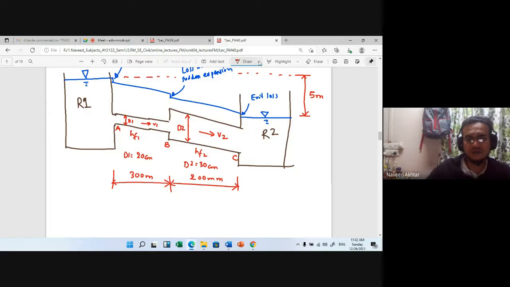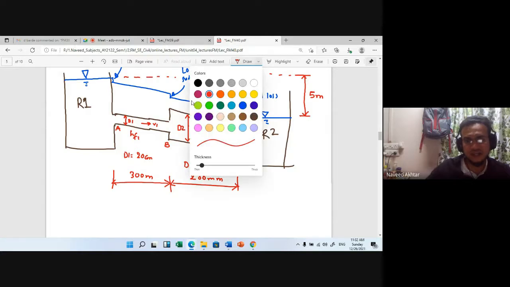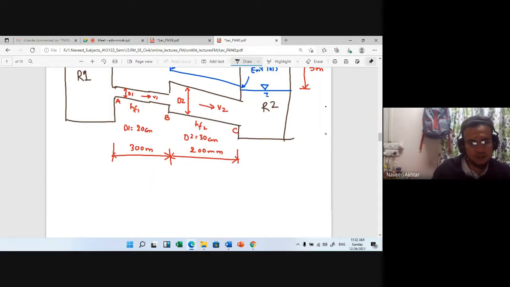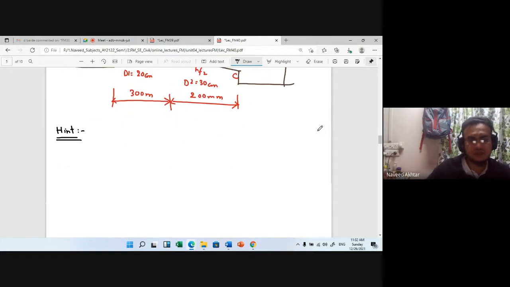Now I will write down a hint for you on how many losses there are. The total difference of head at the free surface is 5 meter.